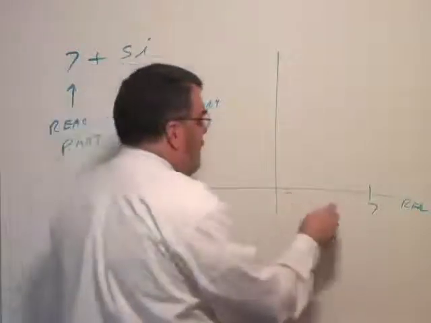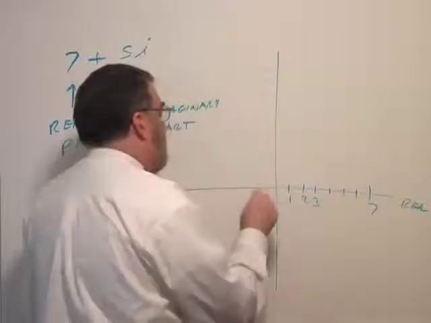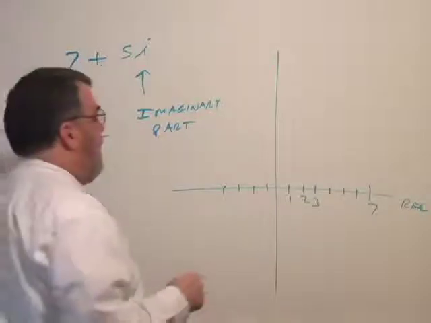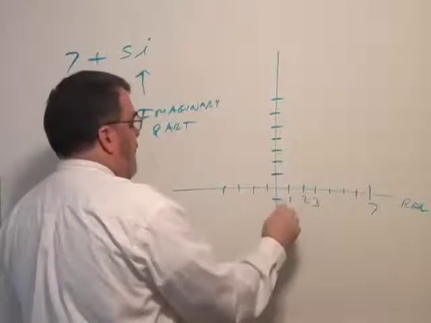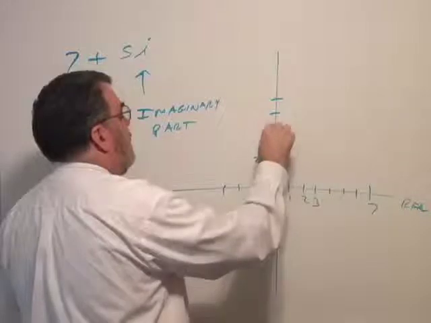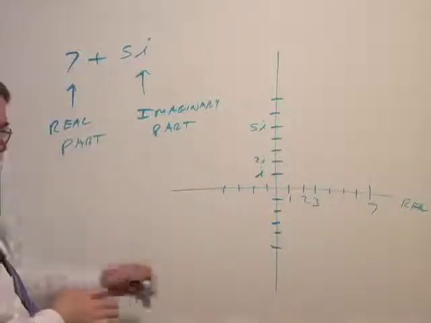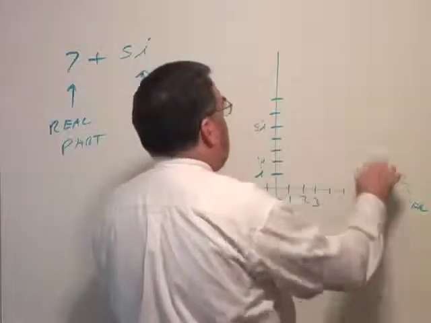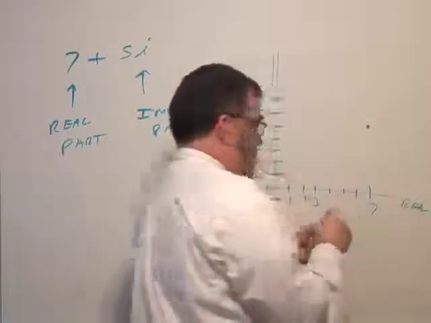And so 1, 2, 3, 4, 5, 6, 7, real numbers take place along the horizontal scale, and imaginary numbers go up and down the vertical scale. So here's i, 2i, and 5i would be up here. There we go. So 7 plus 5i means going over 7 on the real axis and up 5i on the imaginary axis, and that would be approximately there.